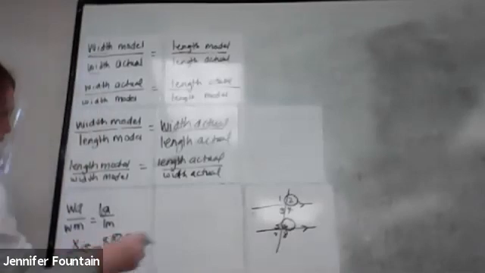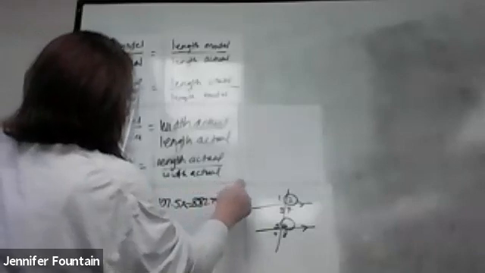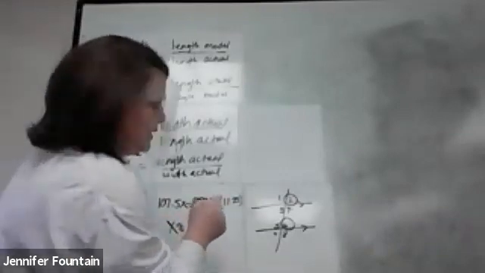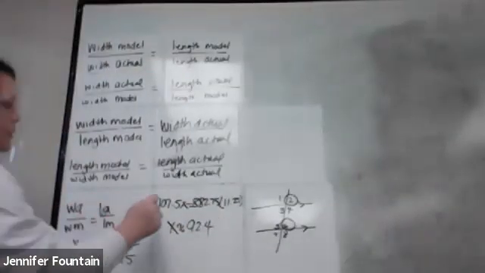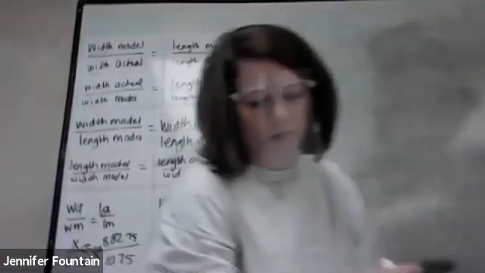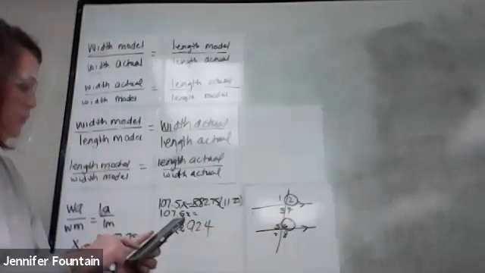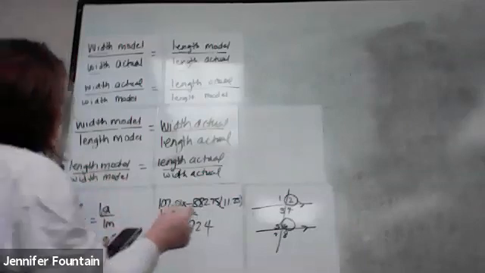Cross multiply. I end up with 107.5x is equal to 882.75 times 11.25. So you can see here they have multiplied, and I end up with x is approximately 92.4. Again, you can use your calculator. So 107.5x is equal to, and I multiply 882.75 times 11.25.